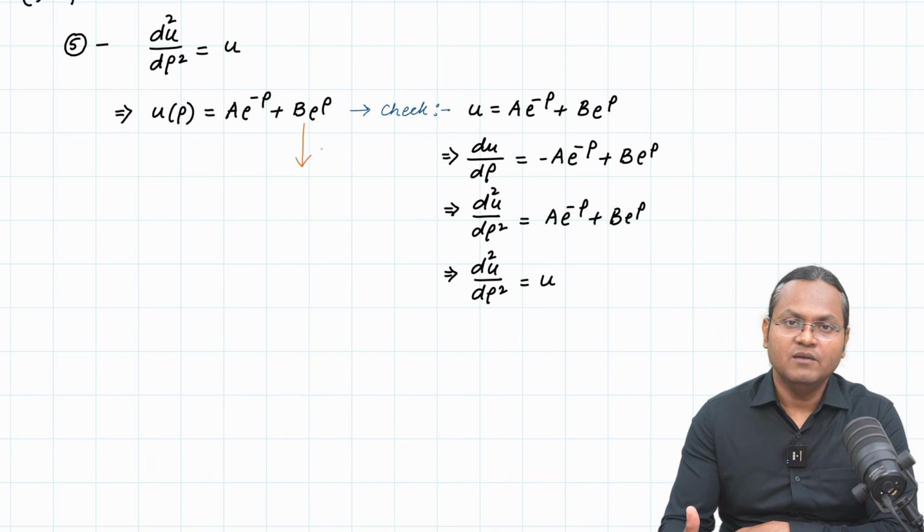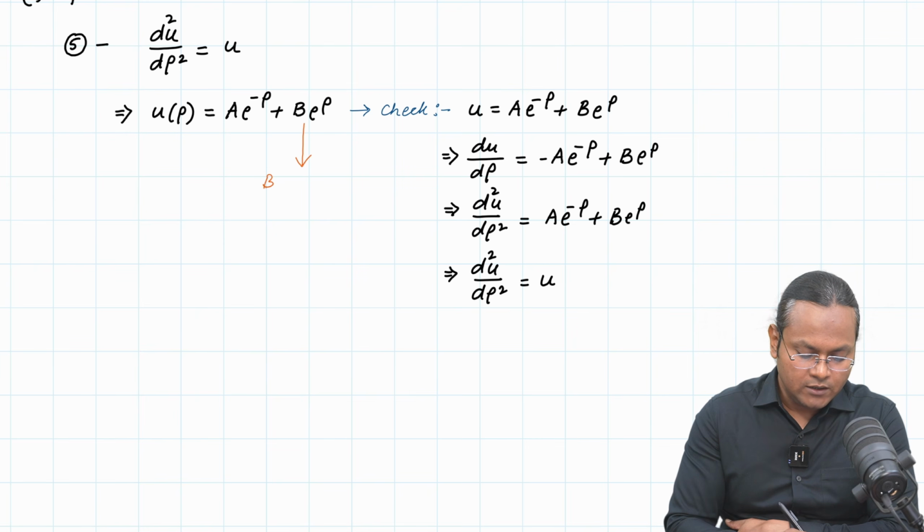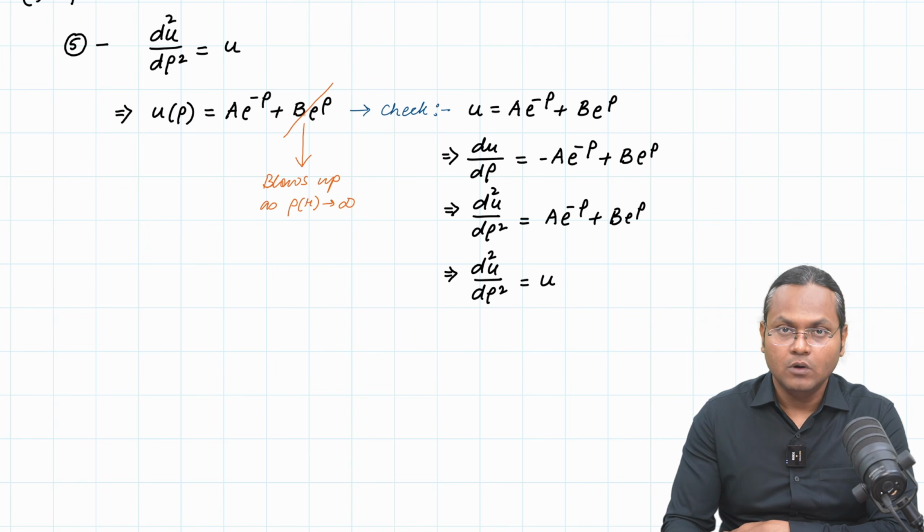These behaviors are important for us because only then we end up getting some meaningful wave function solution at the very end. And if we have a wave function solution that blows up at infinity, then that cannot be normalized. So because this particular term blows up as rho or r tends to infinity, this cannot be allowed from our side as an acceptable solution.